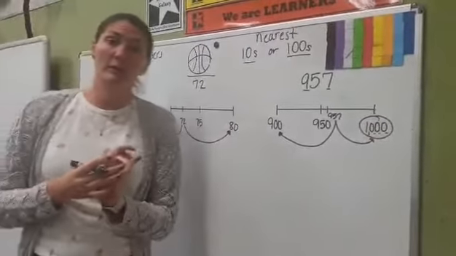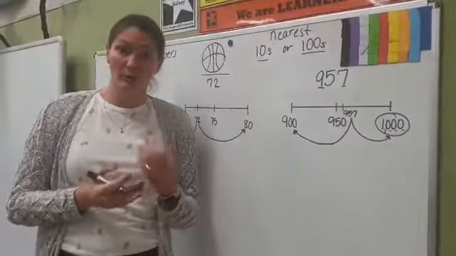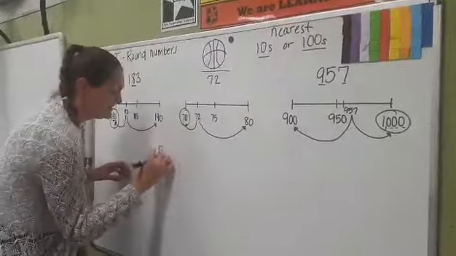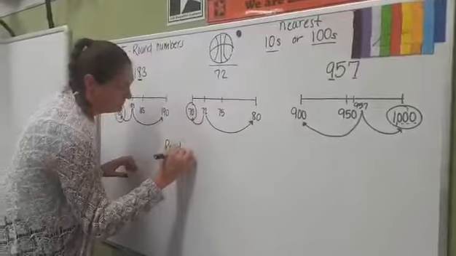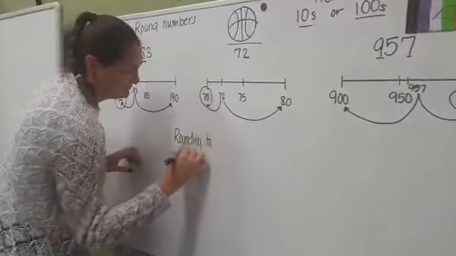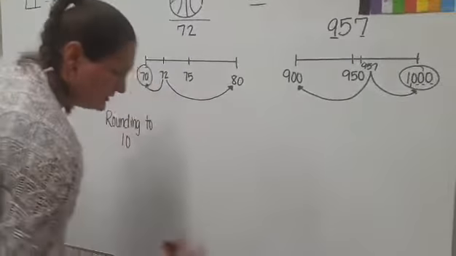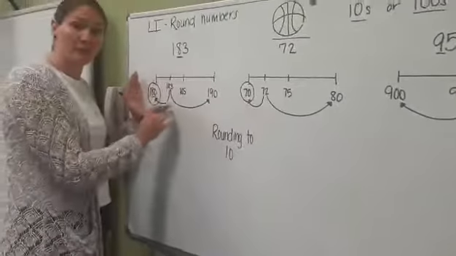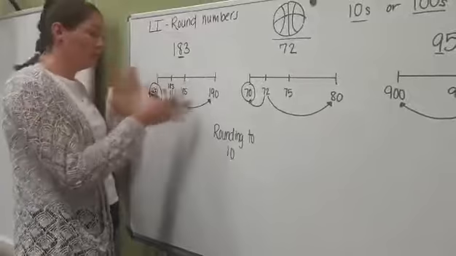I'm going to put some on the board, and I'm going to let you practice them in your workbook, and we'll see what the answers are. So rounding to the nearest 10, let's try these ones. I would make sure that I have my number line and the proof. This is your proof. So when we ask you for your proof, show your proof.